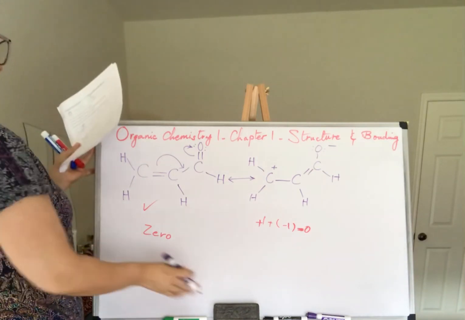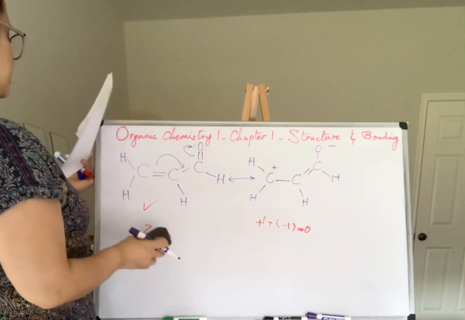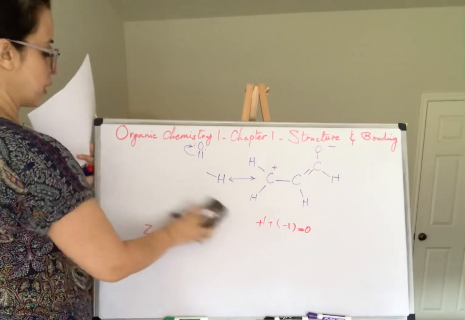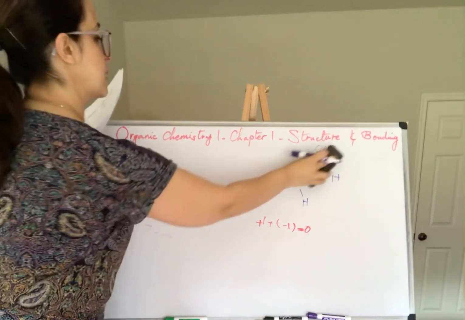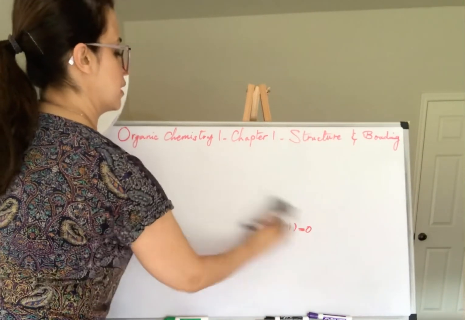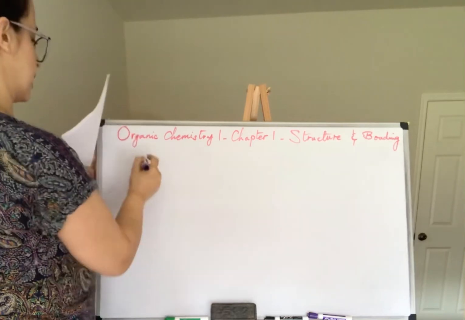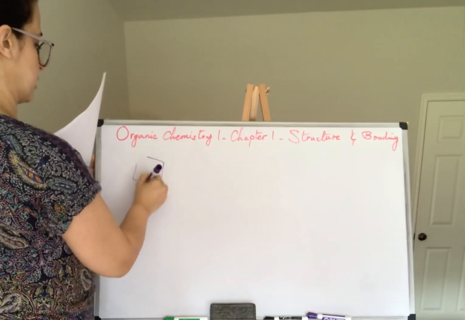Let's take care of the one with a circular structure. I'm sure you see more than 1 resonance arrow and you get confused a little bit maybe. So let's work on that.